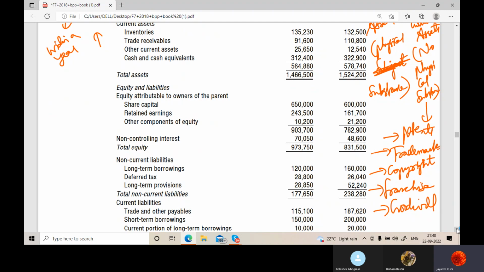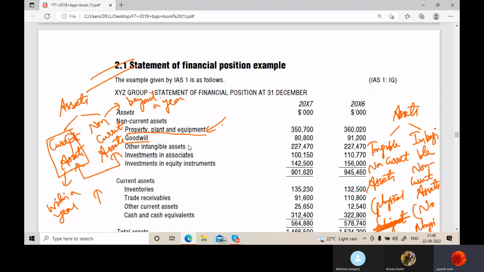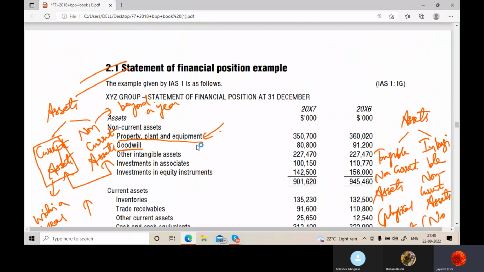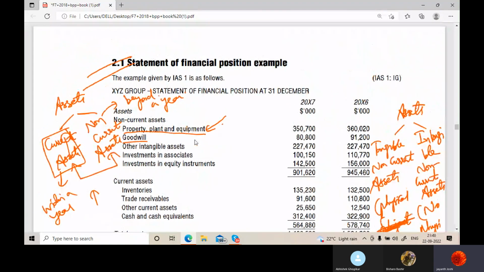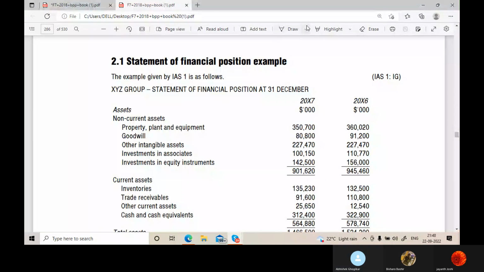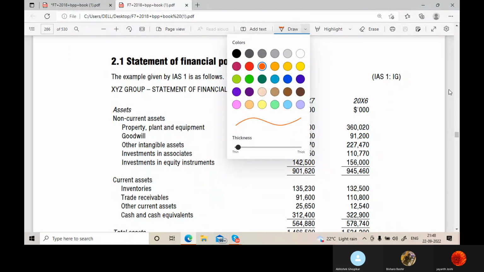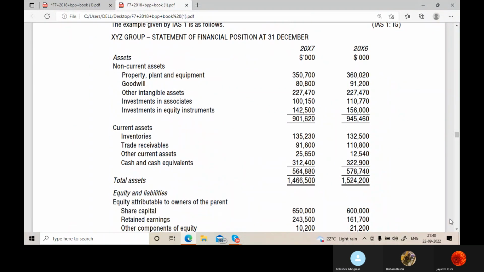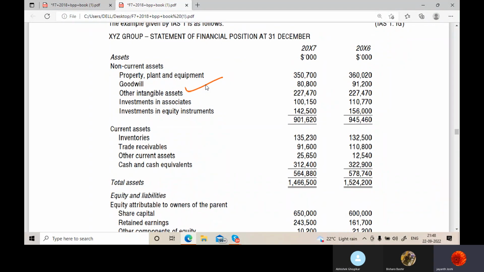See all these assets here, other intangible assets. I have given you the example right now.